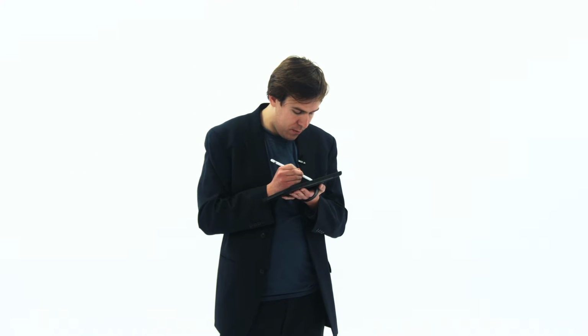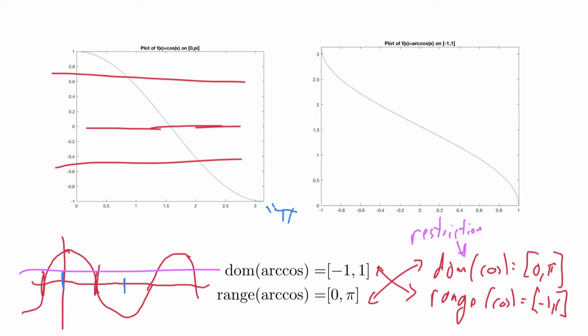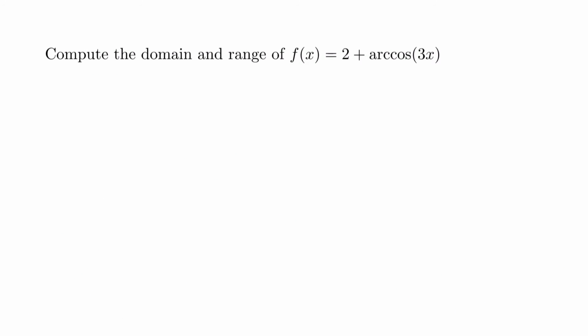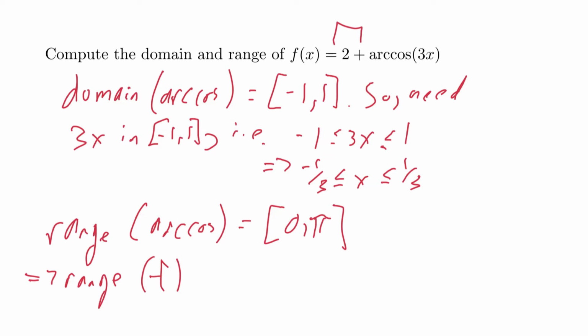How about the range? We saw that the range of arc cosine was 0 to pi. So the range of f is going to be everything in 0 to pi plus adding 2, because I had this plus 2 on the outside.